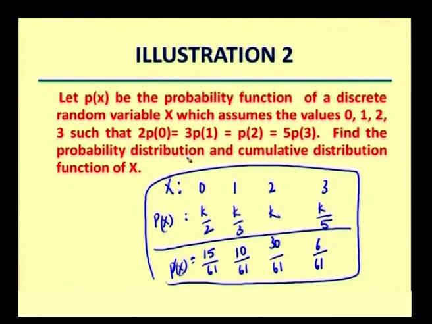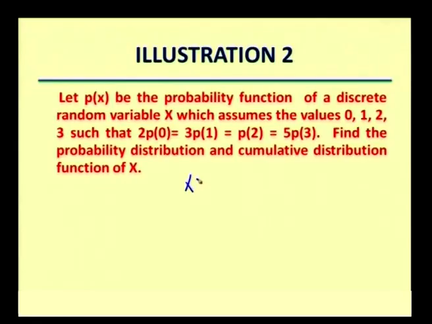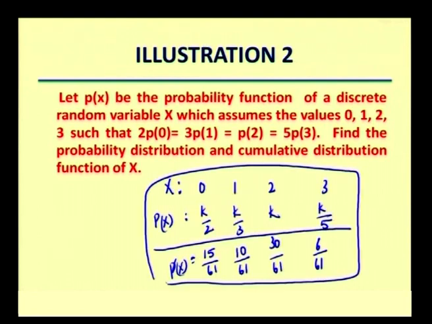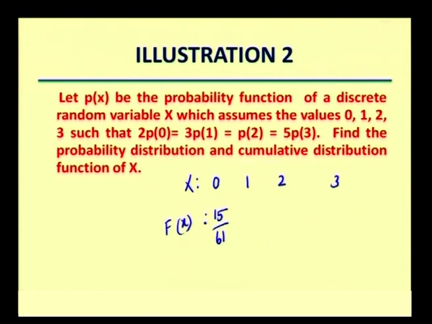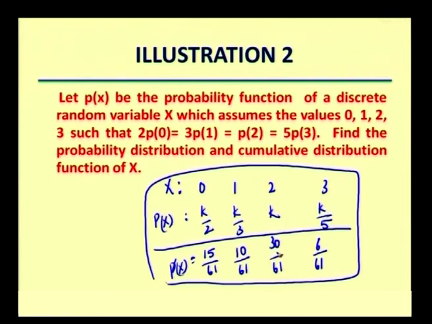How to find out the cumulative distribution function of x? Cumulative distribution function of x goes with adding the previous values, right? X takes the value 0, 1, 2, 3. So, f of x is first 15 by 61, then the second value was 10 by 61, right. So, you have 25 by 61, the previous value is 30 by 61.